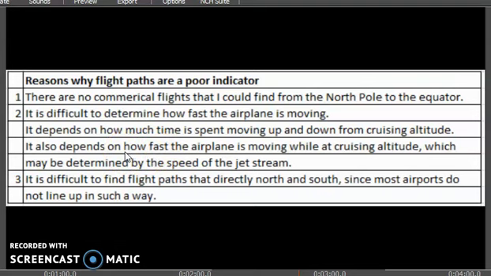It won't fly in a straight path. Maybe it has to get into the jet stream, which requires it to go off a straight line. And it also depends on how fast the airplane is moving while at cruising altitude, which depends on maybe the speed of the jet stream. And third, it's difficult to find flight paths that fly directly north and south, since most airports do not line up in such a way.